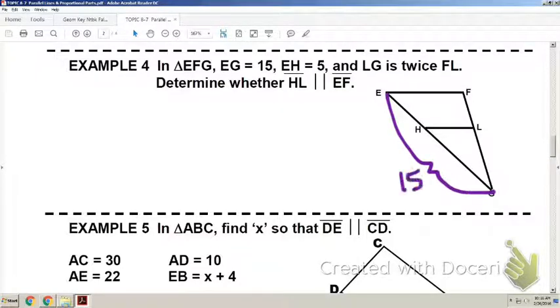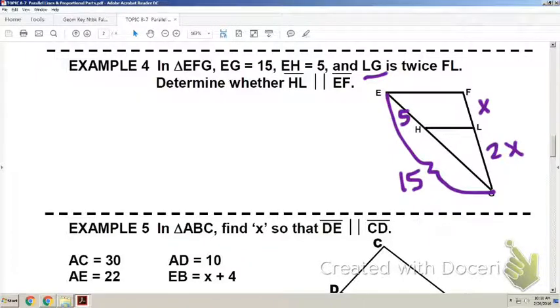So this whole length is 15. EH is 5. And it says LG is twice FL. Well, we don't know actual measures, so I'm just going to use variables. So FL, we just call that X. LG is twice that, so I'll call LG 2X.